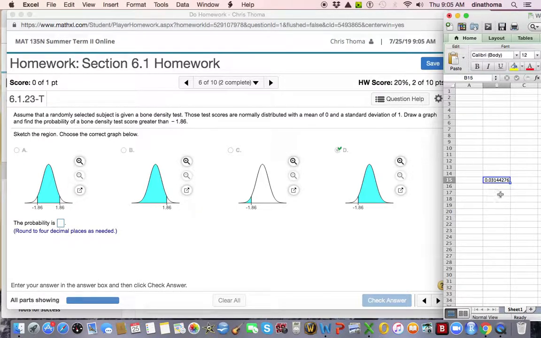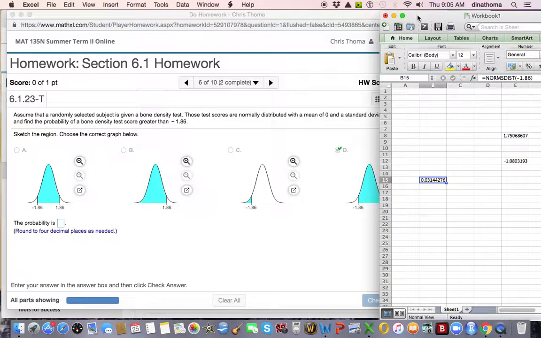And I get that probability. I'm going to raise backwards so you can see. So NORM.S.DIST, I put in my value. However, Excel is just like the tables. It reads to the left. So since this is to the left, I actually need its complement. So I do equals 1 minus my previous answer. And this will give me the answer to the right.